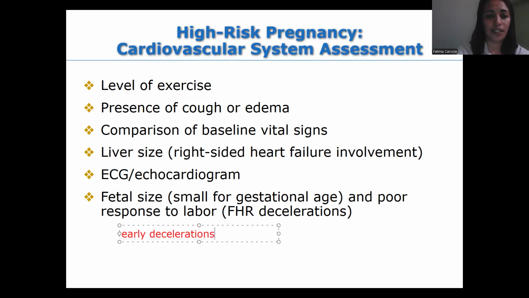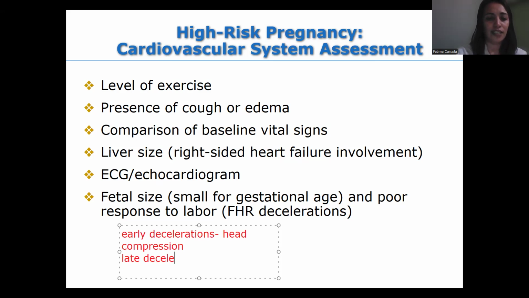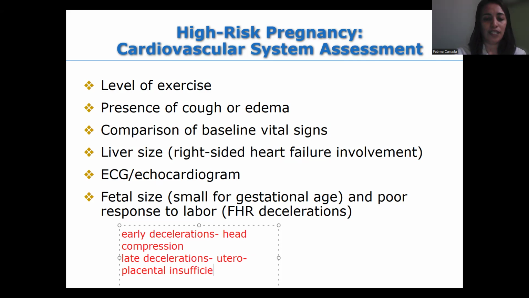When we say early decelerations, it could be because of head compression of the baby. When we say late decelerations, it could be because of utero-placental insufficiency.